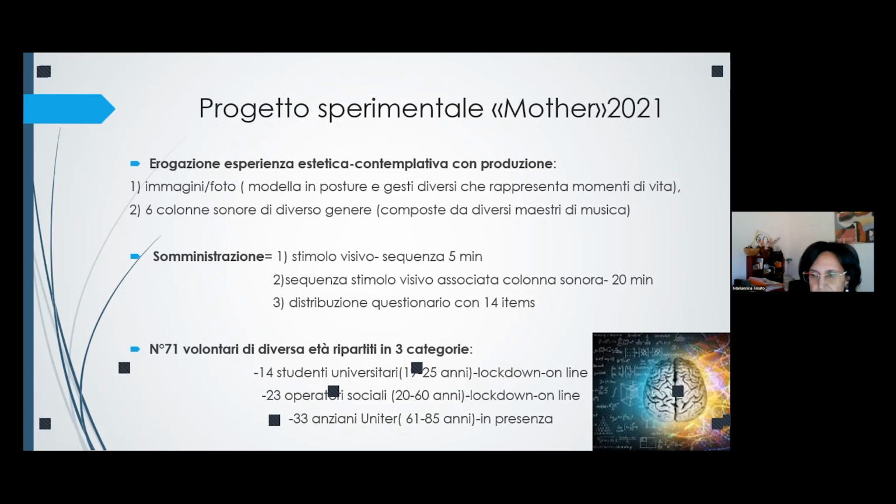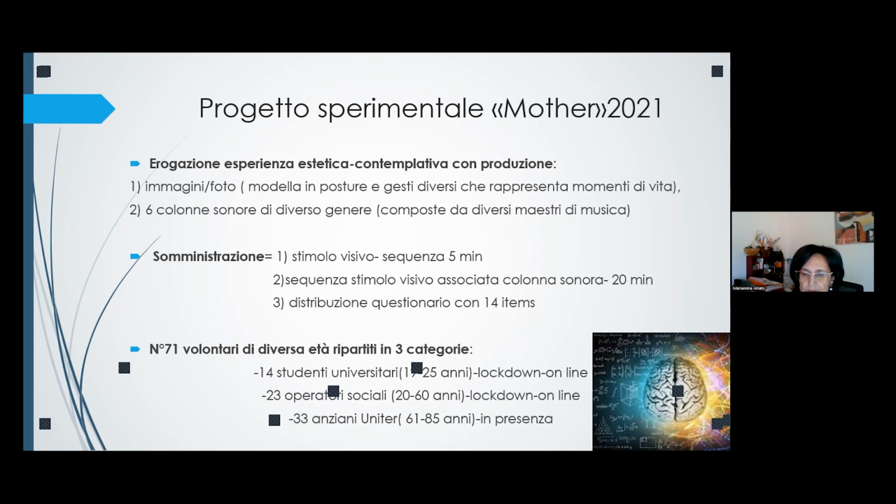Starting from this consideration, we decided to run this experiment called Matter 2021. We had a sequence of pictures of a model in different contexts that was doing daily life activities, and we also used 6 different music played by different musicians.